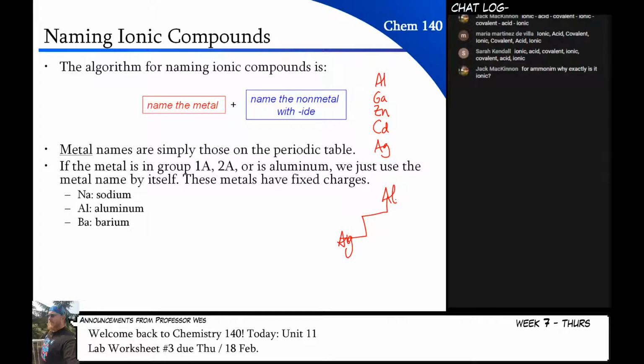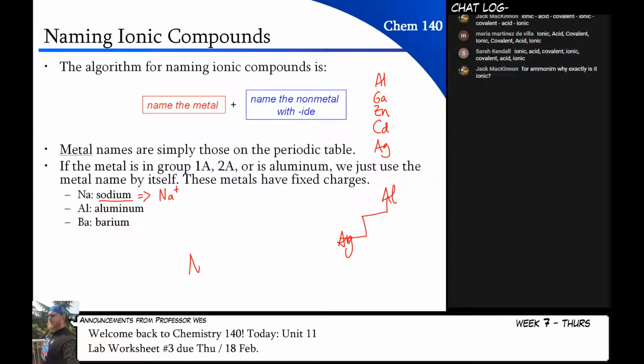These elements tend to be fixed also. For example, zinc and cadmium are always +2, at least in almost every observable species I've ever seen. Silver is almost always +1, and aluminum and gallium are always +3. And so, naming these ions with just their name is done because the ion that forms for sodium is always going to be this, right?